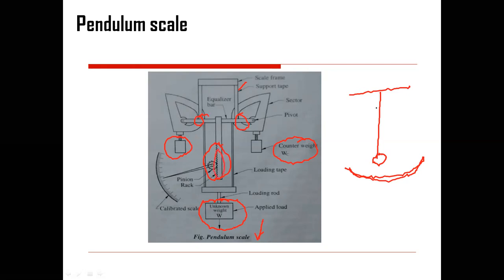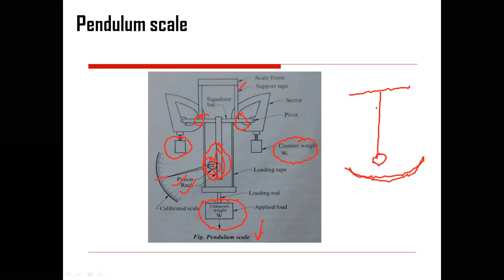part will try to move in the upward and downward direction, trying to create a movement across your pinion and crank. So this pinion or pointer is trying to deflect the actual weight which has been generated by the unknown one, that will be highlighted over here.